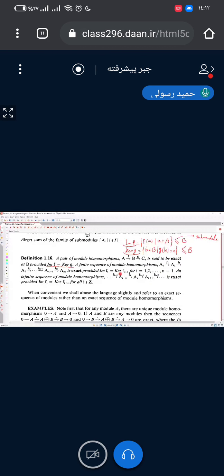This means image of F1 equals kernel of F2, image of F2 equals kernel of F3, and so on.